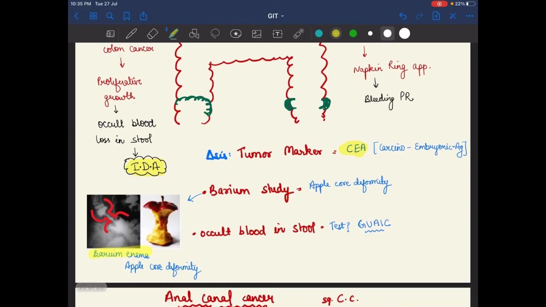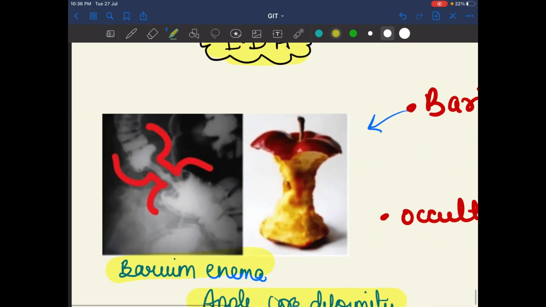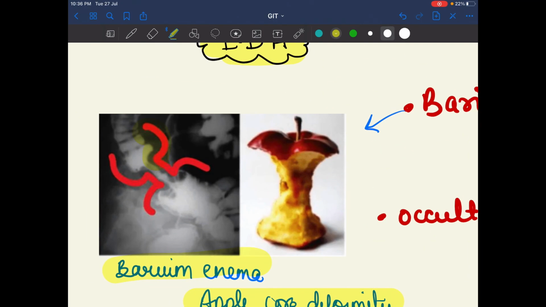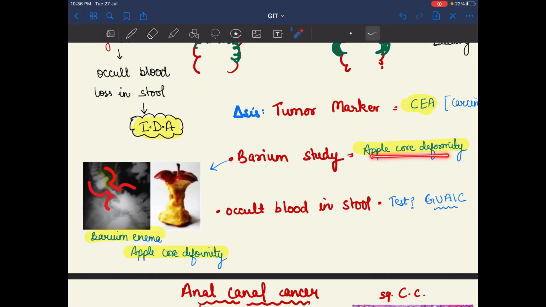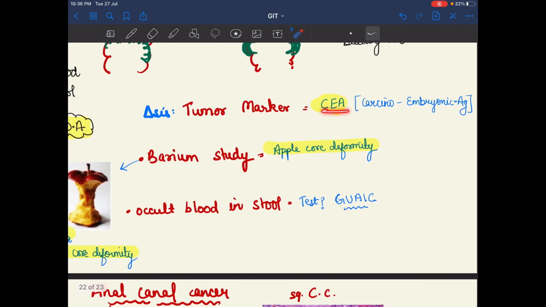And on the barium study, we see on the barium enema an apple core deformity. As we see here, this is the apple core deformity, like this structure. So on the barium study, we see the apple core deformity, and the tumor marker is CEA, carcinoembryonic antigen.